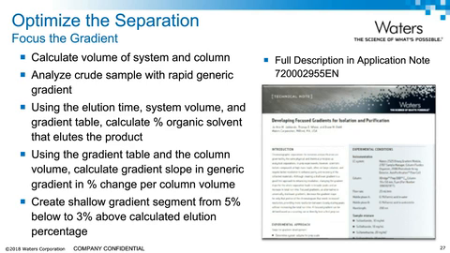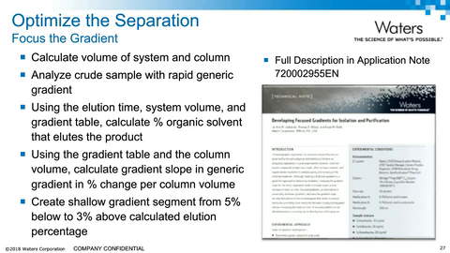Typically what we'll do then is to decrease that slope by 3 to 5 times usually, and create a shallow gradient segment from about 5% below the calculated elution percentage of our product to 3% above that calculated elution percentage. There's a full description in the application note listed on your screen that goes through each step in great detail.